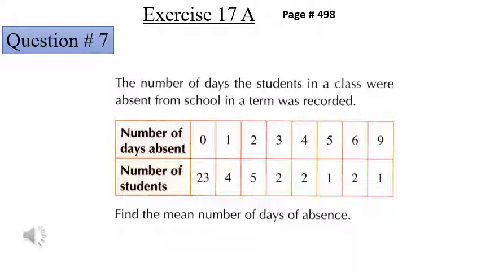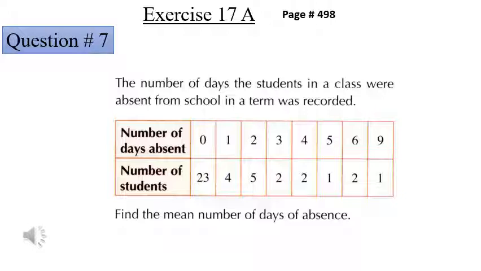As we know, frequency is the repetition of numbers, so the frequency of 0 is 23, the frequency of 1 is 4, the frequency of 2 is 5, and so on. In other words, there are 23 students who were absent 0 days, 4 students who were absent only 1 day, 5 students who were absent 2 days, and so on.